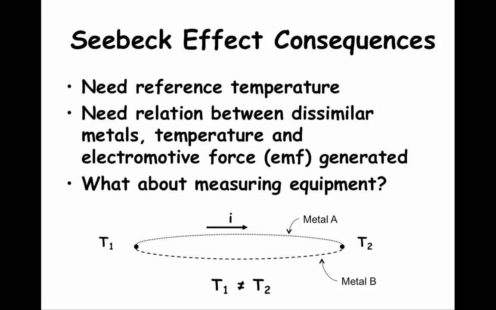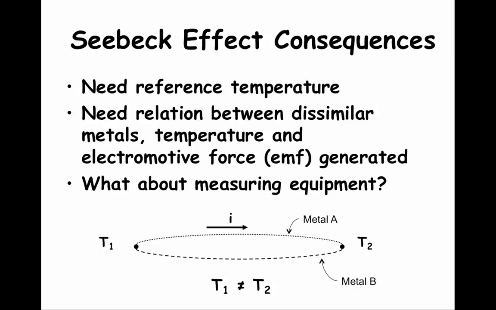The Seebeck effect has some consequences if we want to use the principle to measure an unknown temperature. We need to know one of the temperatures, which is called the reference temperature. In the old days, an ice bath at 0 degrees Celsius was used as the reference temperature because it was fairly easy to create. We also need to know the relation between the two dissimilar metals and the electromotive force generated.